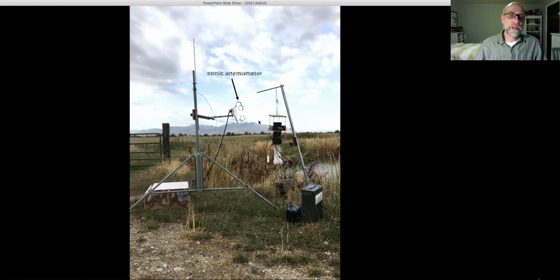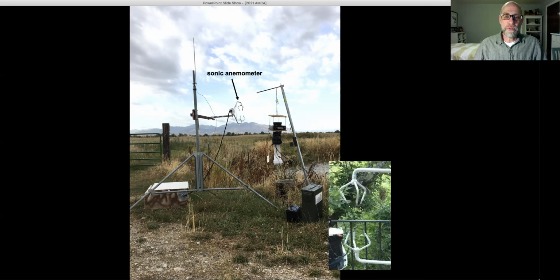We employed a sonic anemometer, which is shown here, and the head stage of this device transmits ultrasonic pulses that are emitted from one transmitter to a receiver, and the time delay in receiving those pulses enables a calculation of the turbulence. From those data, we can extract what's called the turbulent kinetic energy, which is the measure of the turbulence in the airstream.